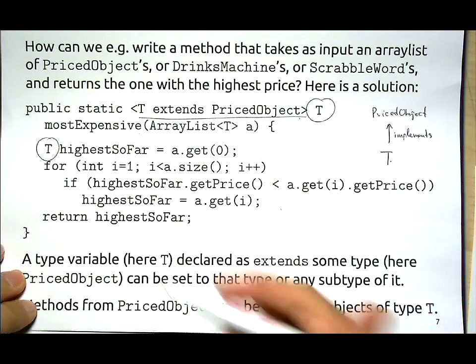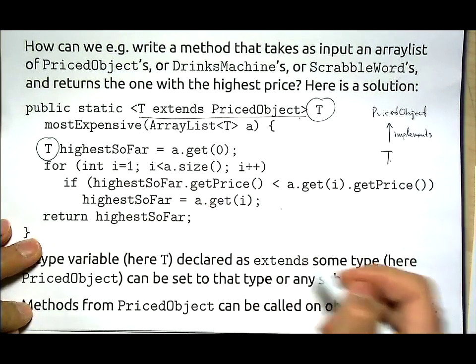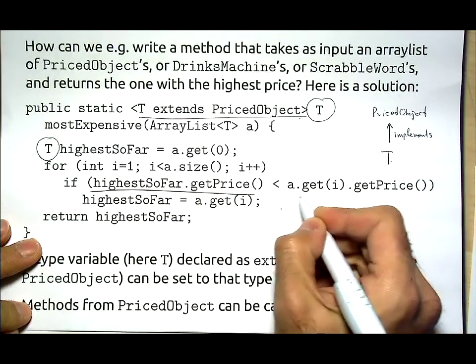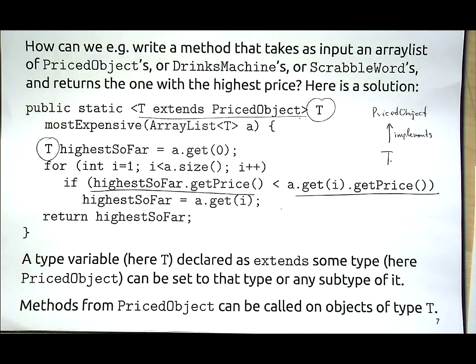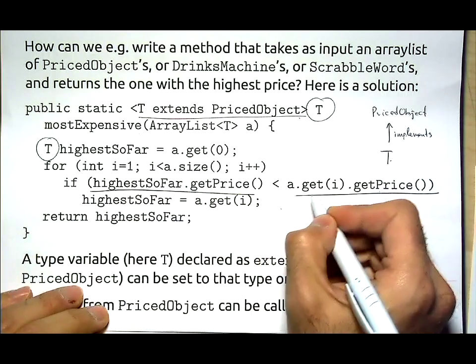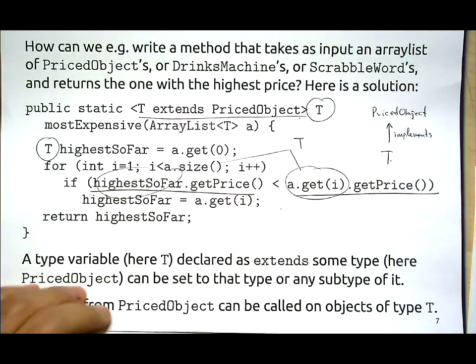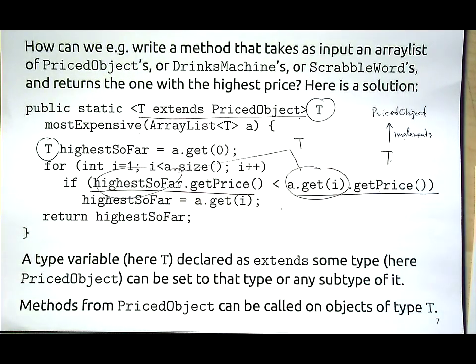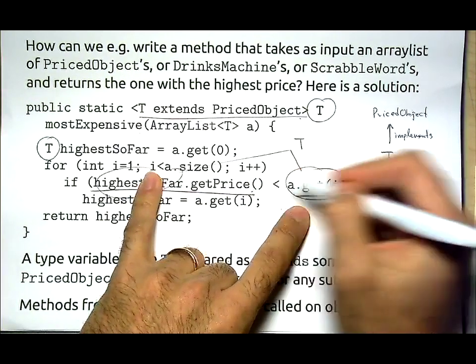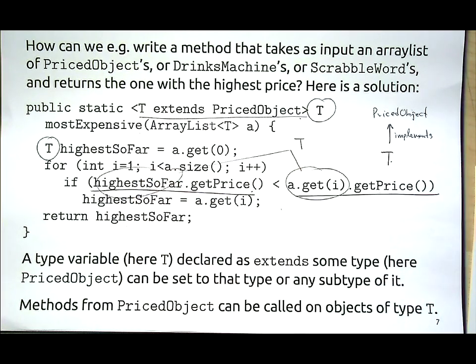So in particular, where we call the getPrice method on these things, this and that are of type T. Type T implements the interface priced object, so therefore it must be that these objects have the method getPrice, so you can actually call them. Okay, yep.